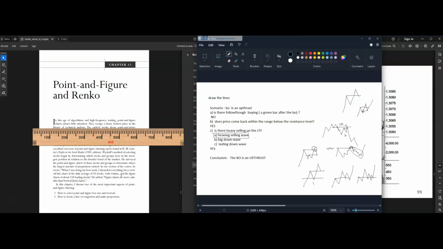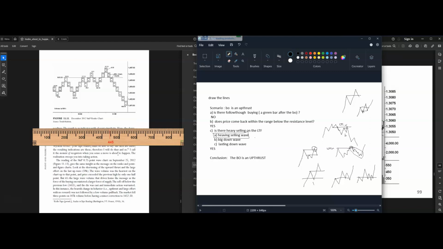And point and figure Renko, I'm not going to go over it, but if you want to know about David's work with Renko, you can easily see it on YouTube. He did a collab with Linda Raschke, I think, with the Renko webinar, and it's pretty detailed. It's actually more detailed than this chapter here, so I'll point you to the webinar.